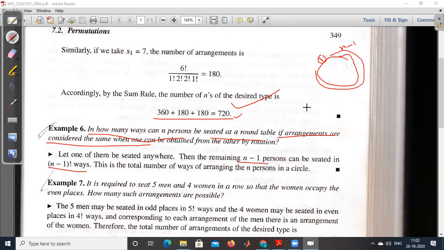For example, 9 persons have to be placed at a round table. Then 9 minus 1 factorial, that means 8 factorial different arrangements we can make.